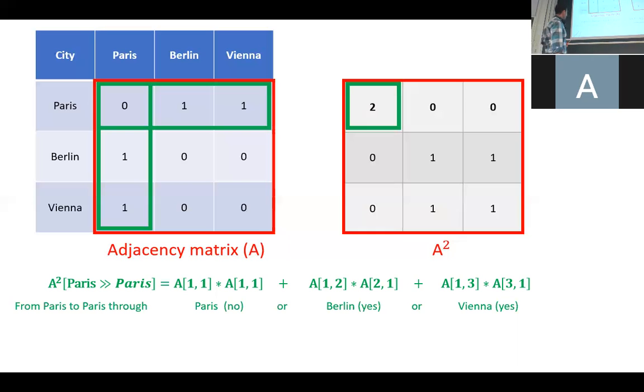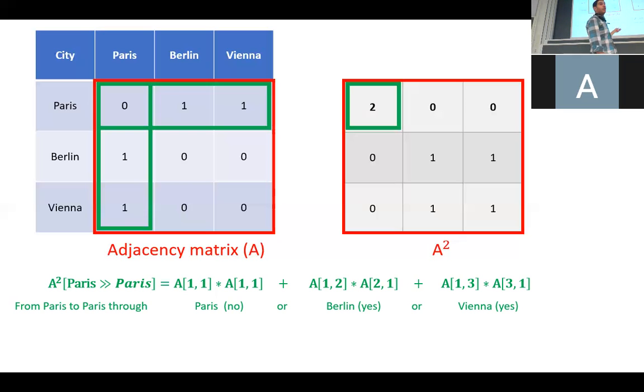And how do I calculate it? I multiply this number by this number, which means, can I go from Paris to Paris through Paris? The answer is no, because I cannot fly from Paris to Paris. And then plus I multiply this number by, wait, I'm becoming confused now. Yeah, can I fly from Paris to Berlin and then from Berlin to Paris, right?